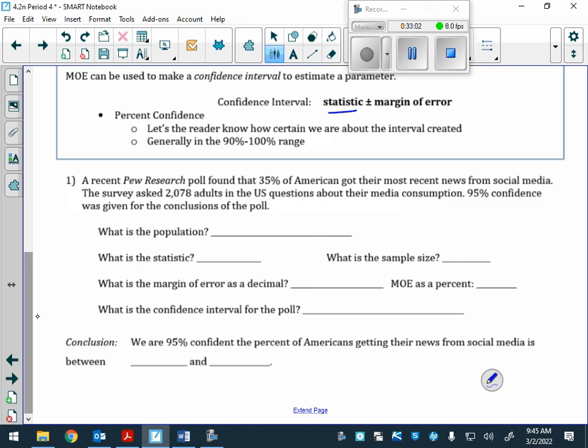What's the bigger picture? Who's getting their news? Americans. So all Americans. Okay. What is the statistic?